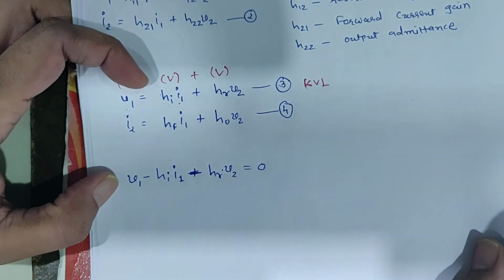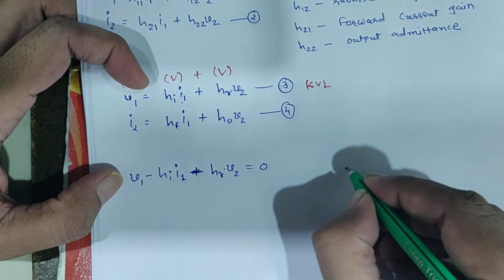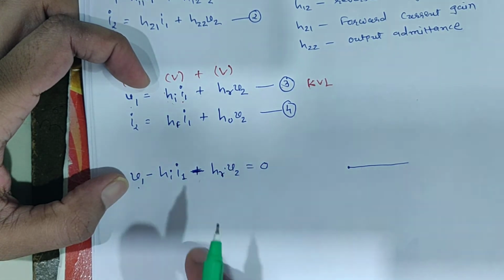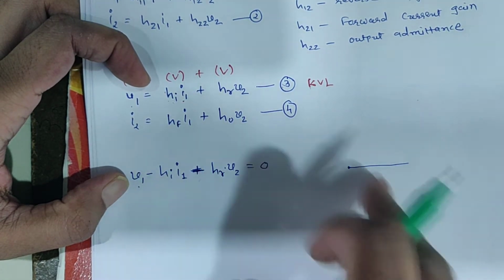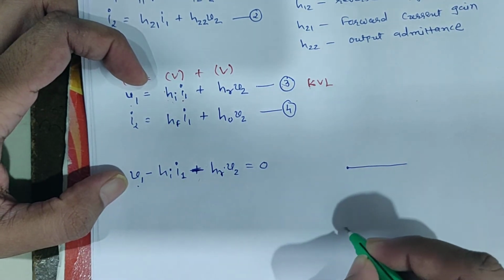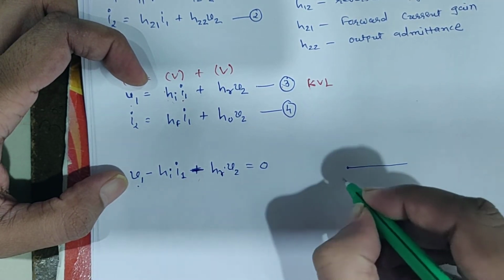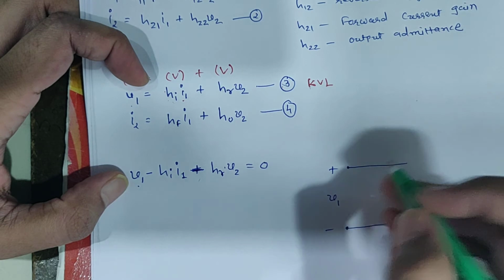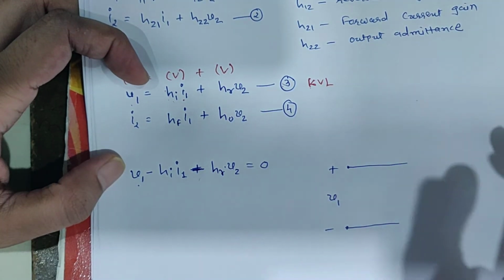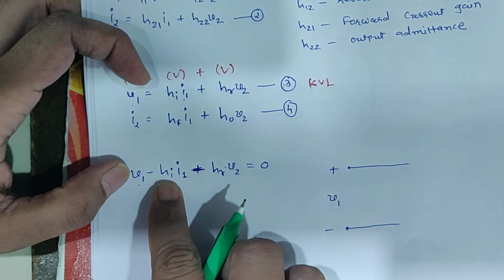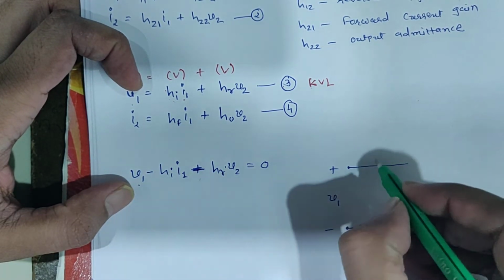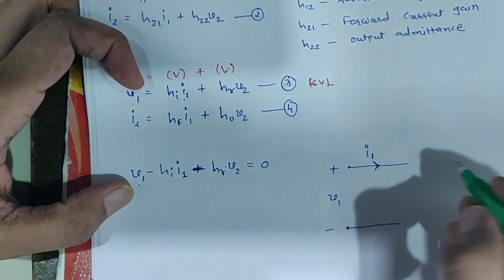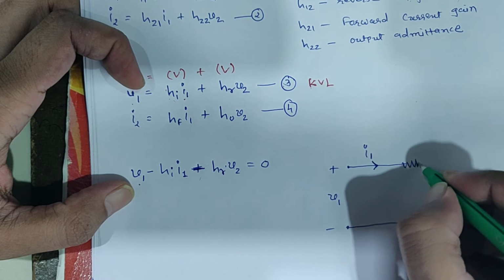In the circuit, V1 is the voltage source which is applied, and we follow the direction of current as clockwise, so the polarity will be plus and minus for V1. Then there is the impedance HI, and the current flowing through this loop is I1.